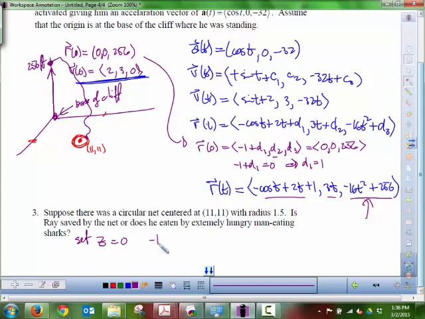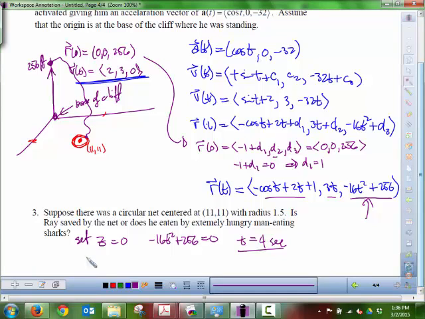Negative 16t squared plus 256 equals 0. So 256 divided by 16, and then take the square root of that. 4. So in 4 seconds, this person's going to be at sea level.